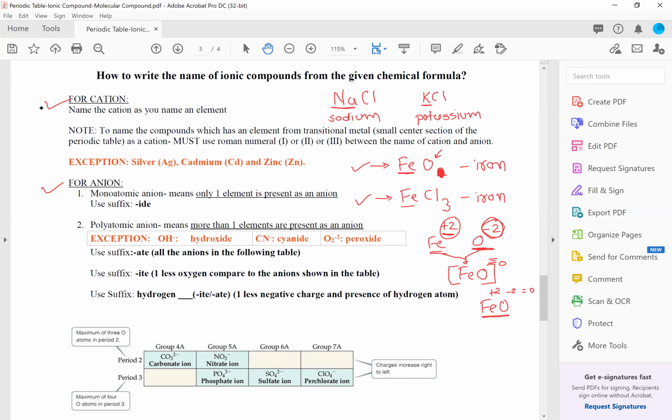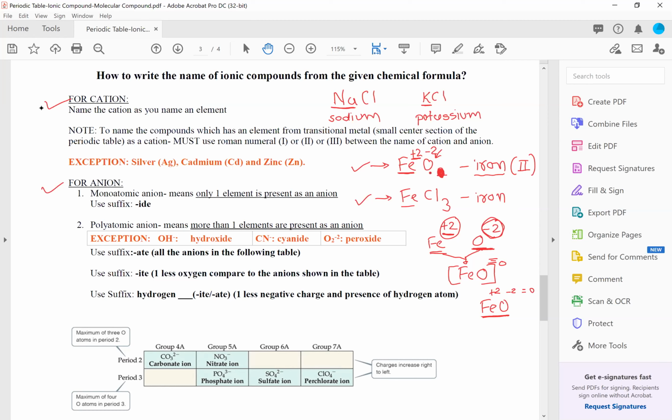All right, so in this case, when you know the oxygen is always going to carry -2 charge, iron is definitely going to carry +2 charge, to cancel out each other's charge. Because in this formula, FeO, iron is carrying +2 charge, instead of just writing iron, you're also going to write a parenthesis and a Roman numeral 2.